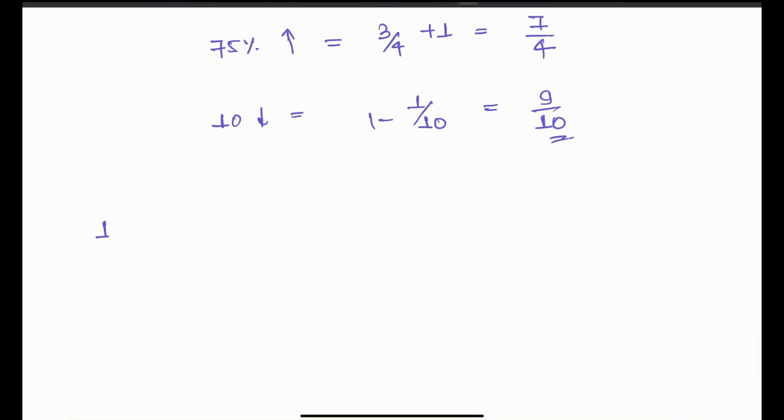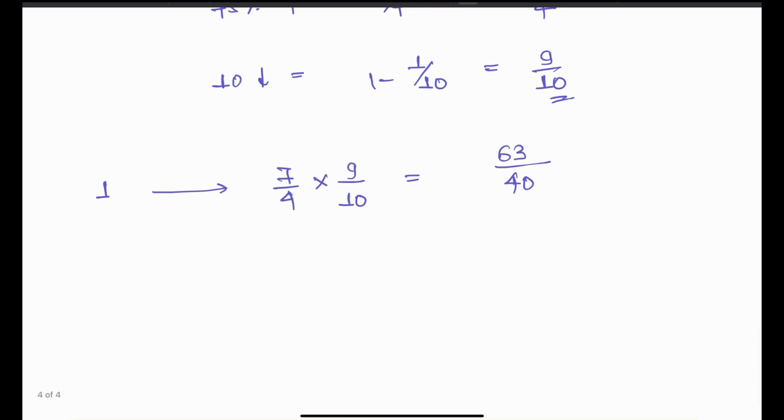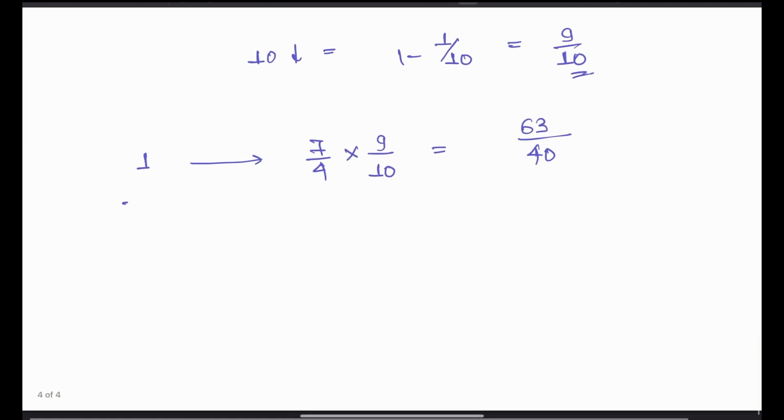Previously it was 1, so successive 7/4 into 9/10 becomes 63/40, right? So from 1, that is 40/40, it is increasing to 63/40.